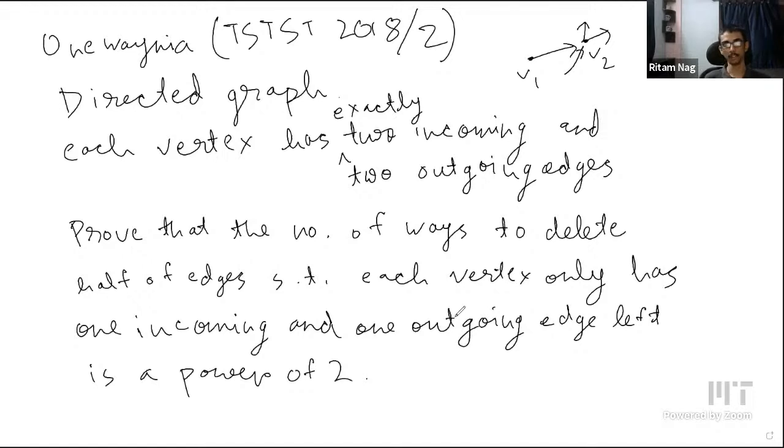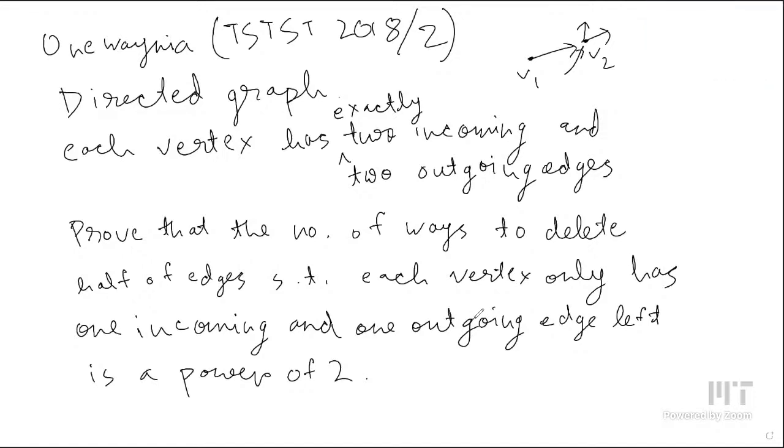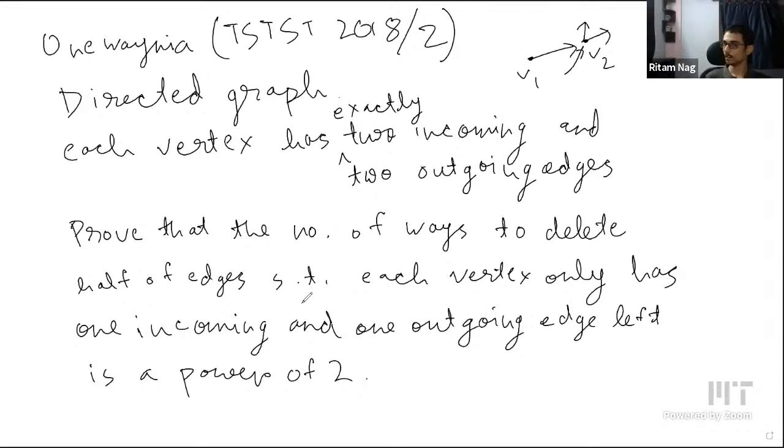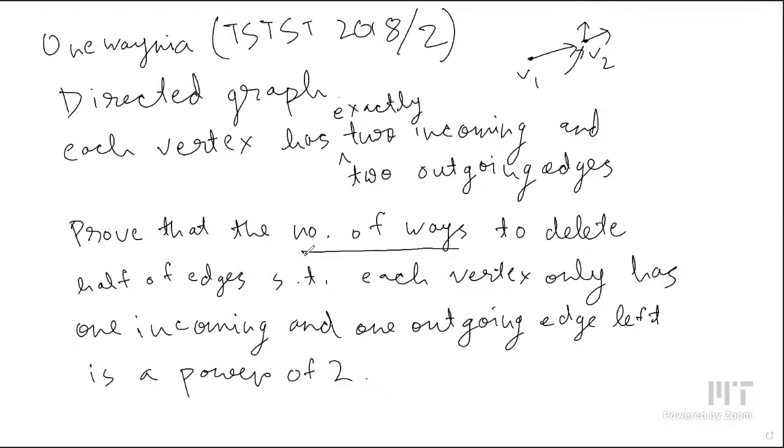Is the statement clear? What does "is a power of 2" mean? I mean, do you not know what a power of 2 is? Oh, I see, so the number of ways is the power. Okay, got it.